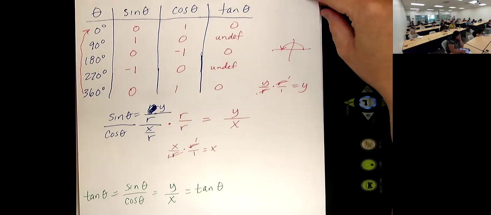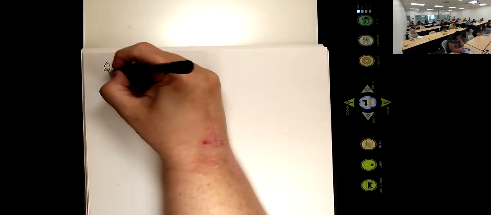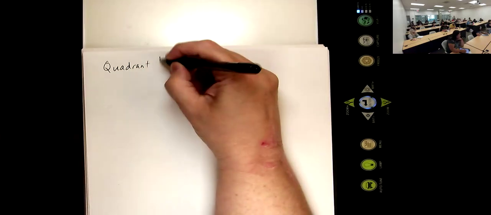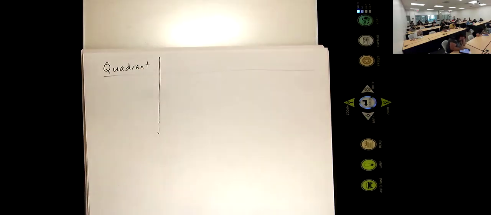Everyone ready for more? Alright, so let's do another table real quick. And we're gonna look at quadrants here. So I'll do quadrant, sine, cosine, and tangent.